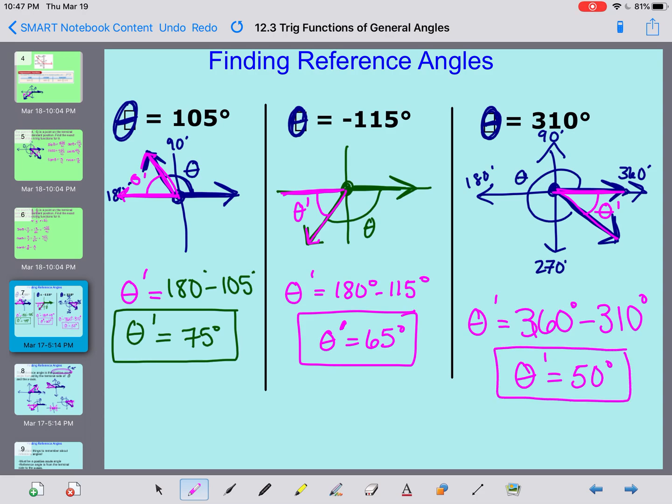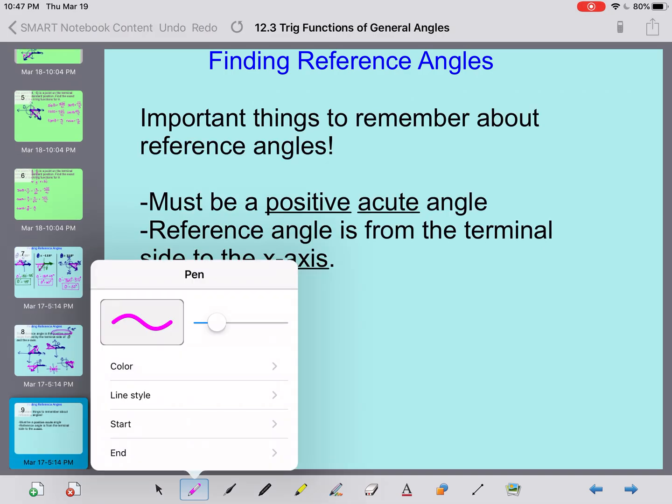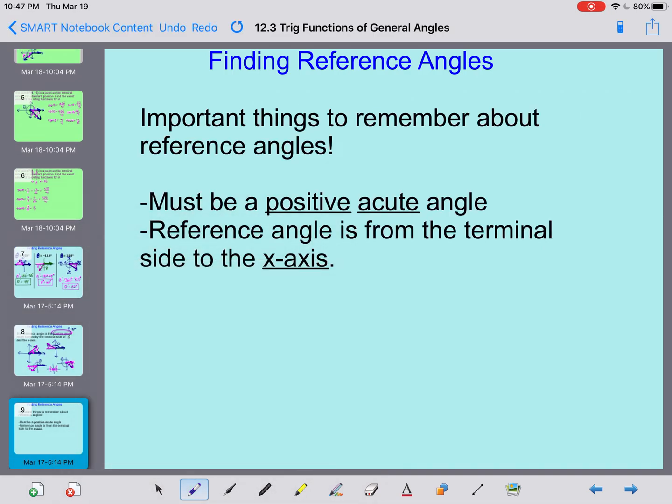On this, I'm able to visualize and get these reference angles. There are formulas you can memorize, for people who like to memorize stuff. That's not me. If you like to memorize stuff, if you're in quadrant 1, your theta prime is equal to your theta.